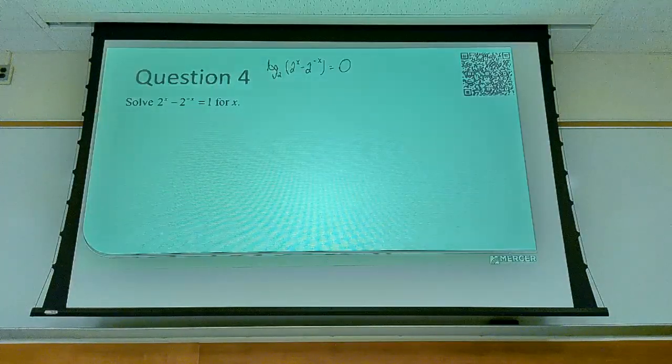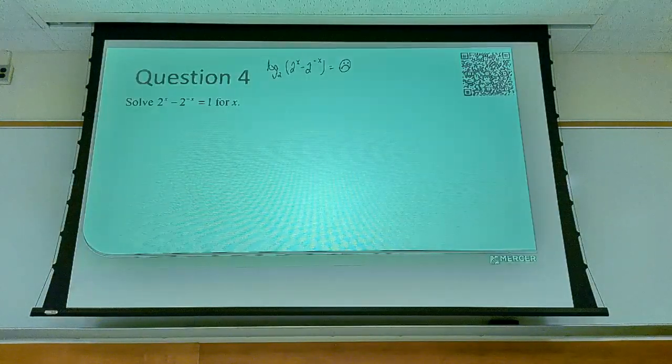Is there any way to isolate the x out of that now? Would it just be 0? You can distribute it. There's no way to distribute that log through. You could do it if it was a product or a quotient, right?